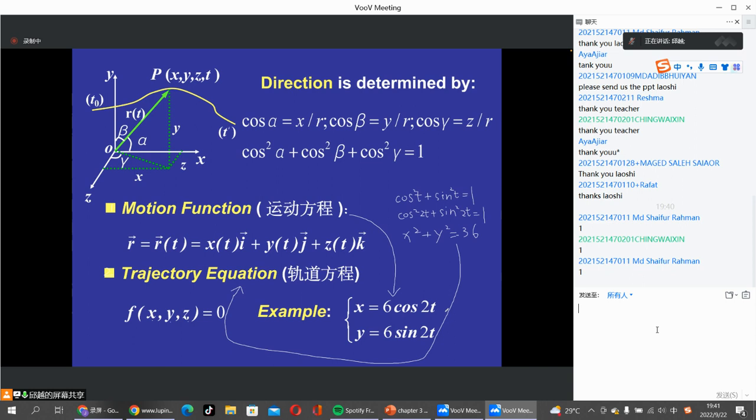And we know that we can draw it on this Cartesian coordinate system with a circle. And the circle has a radius of what? 6.